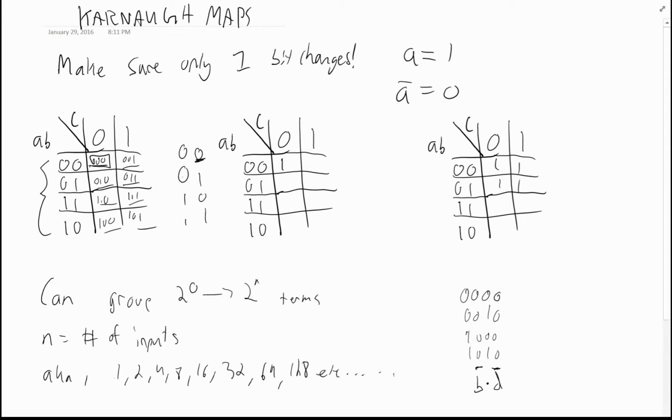So from here, we change it to 1. And the error here is you change the 0 to 1 and the 1 to 0. You can't do that in Karnaugh maps. You only have to change one bit. So how do you change one bit? Well, you can just put a 1, 1, and hence you only change that to that. Next you just do the final one, and again you only changed one bit. That is very important. And hence it goes like 0, 0, 0, 1, 1, 1, 1, 0.